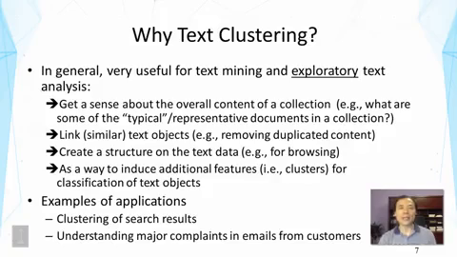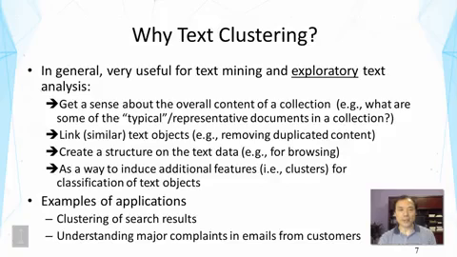We sometimes also want to link similar text objects together, and these objects might be duplicated content, for example. In that case, such a technique can help us remove redundancy, removing duplicated documents. Sometimes they are about the same topic, and by linking them together, we can have more complete coverage of the topic. We may also use text clustering to create a structure on the text data, and sometimes we can create a hierarchy of structures, and this is very useful for browsing.